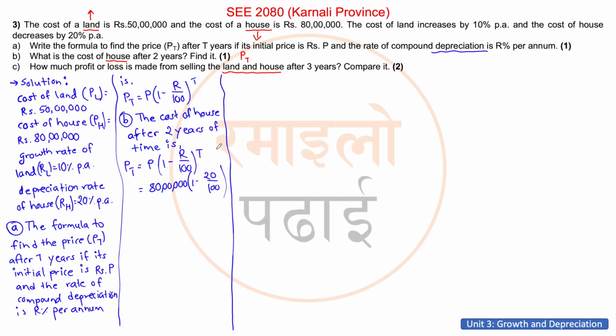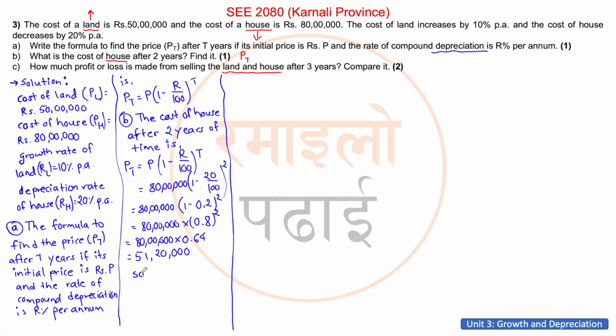We have 2 years, so t is equal to 2. 80 lakh (1 - 0.2)^2 equals 80 lakh times 0.8 squared equals 80 lakh times 0.64, which is equal to 51 lakh 20,000.